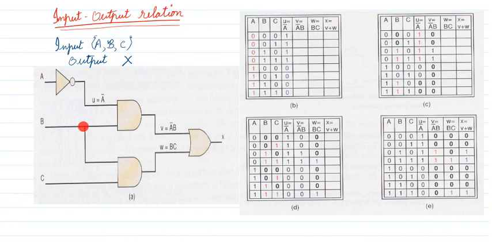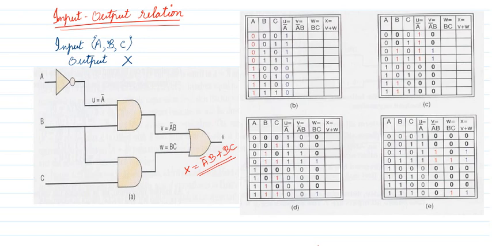B is coming, so A bar B. B is there, C is there, both are AND operation BC, and here it is added. So X is equal to A bar B plus BC.